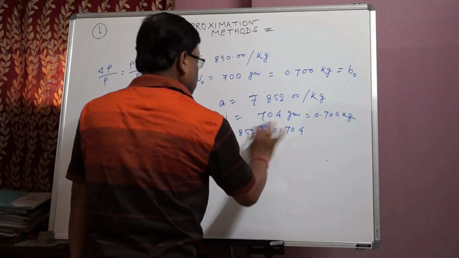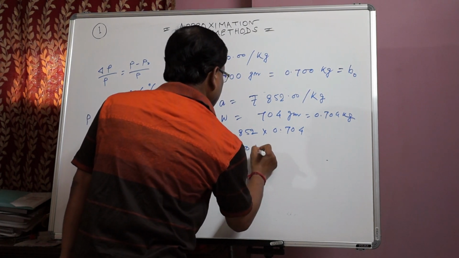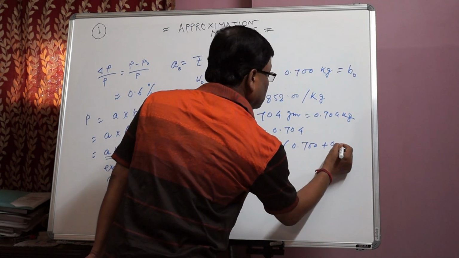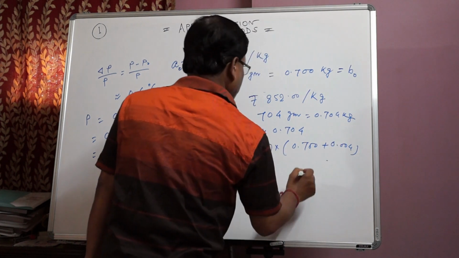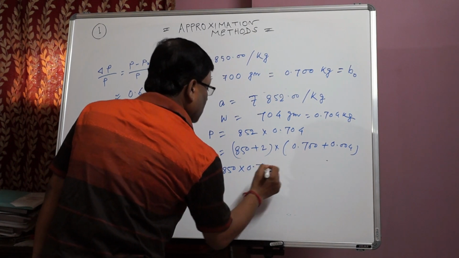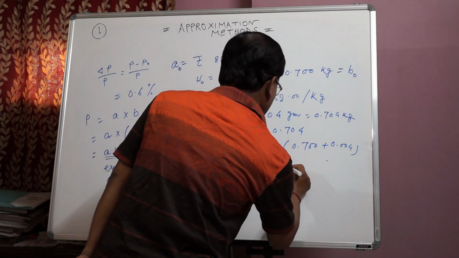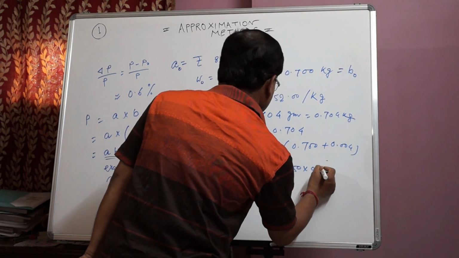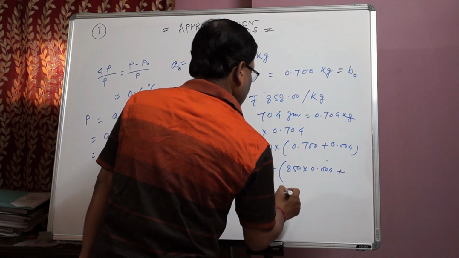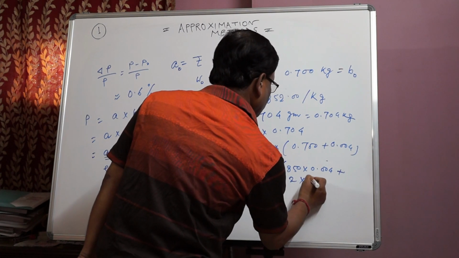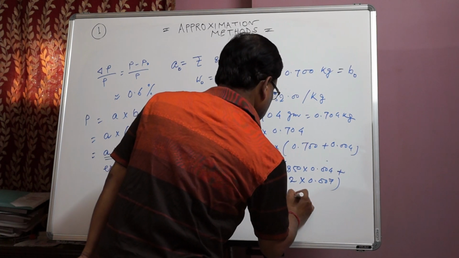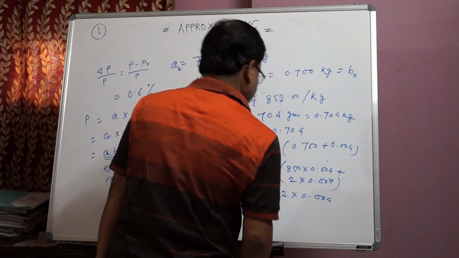I can subdivide each part like this: 850 plus 2 into 0.700 plus 0.004. So I write 850 into 0.7 plus 850 into 0.004 plus 2 into 0.7 plus 2 into 0.004.